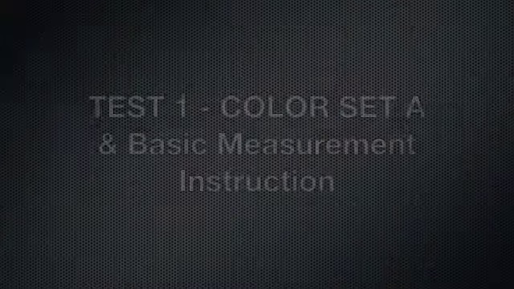One test will be performing the measurements on color set A, color set B, and color set C. Then you will perform test 2, repeating measurements on color set A, color set B, and color set C. And then you will perform a 3rd test on color set A, color set B, and color set C.